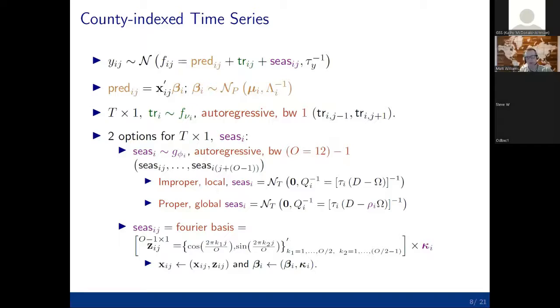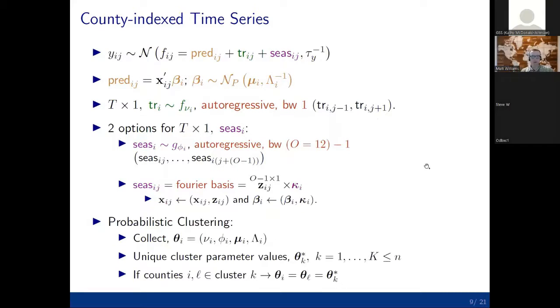I said there'd be 4 components, so let's go to the 4th component. And this is sort of where the magic happens. I have to defer to the paper because of the details. But the idea is that we collect the hyperparameters, so the mu, the delta, the phi, the nu or eta.